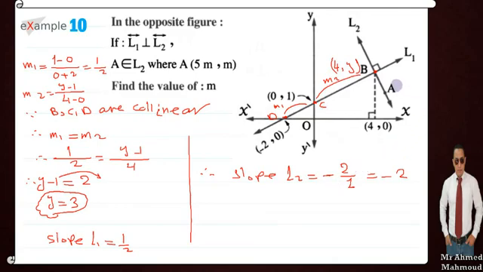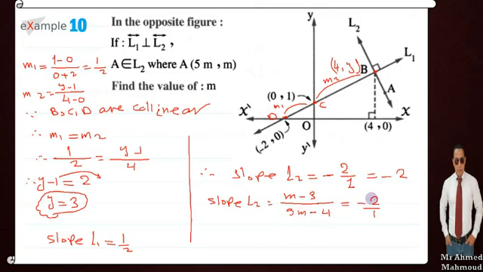Here A equals 5m and m, B equals 4 and 3. Therefore the slope of L2 equals m minus 3 over 5m minus 4 equals negative 2. By making a cross multiplication, this is negative 2 over 1.